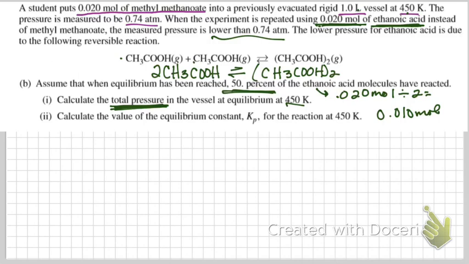I'm going to use PV equals nRT and solve for the total pressure, so P equals nRT divided by V. But to figure out total pressure, I need to know the total number of moles. And because this is at equilibrium, we're going to need, you guessed it, an ICE table.